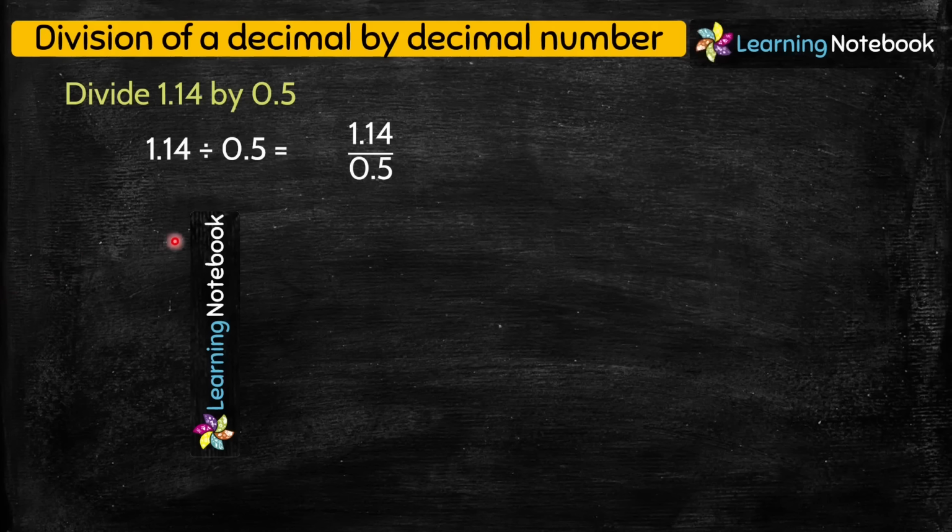1.14 has 2 decimal places. So let's put 100 in the denominator. And 0.5 has 1 decimal place. So we will put 10 in the numerator. Cancel 0 by 0.